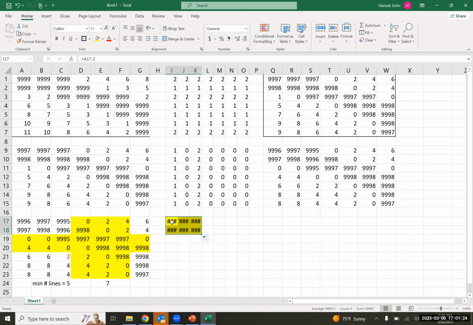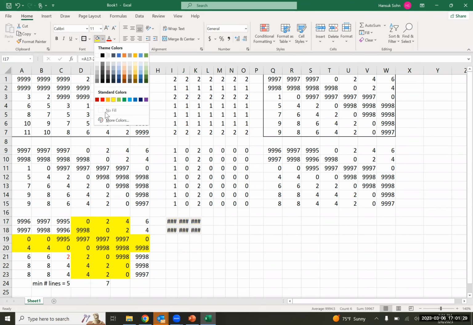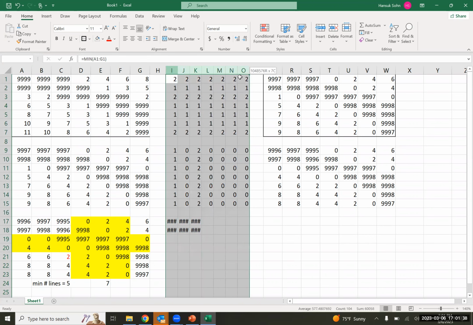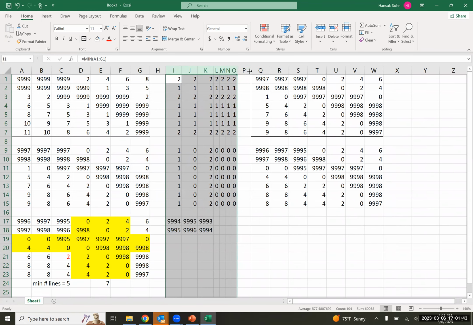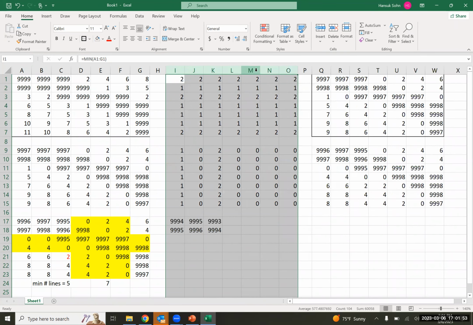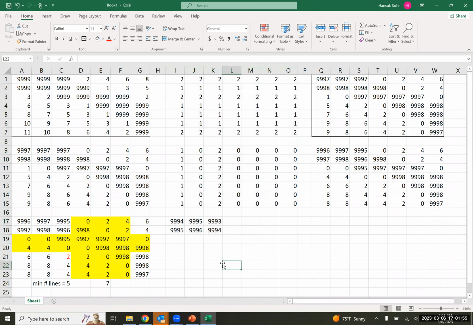I'm going to just remove the color. Let me adjust the column width a little bit. Oh, I think, okay, that'll be good enough, looks like.